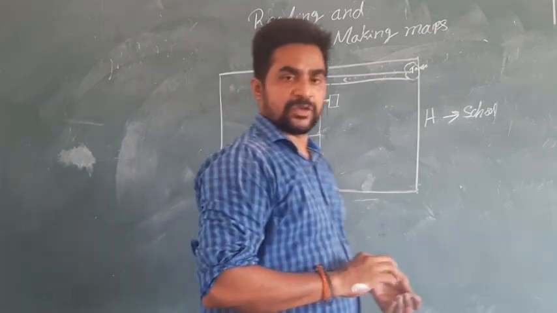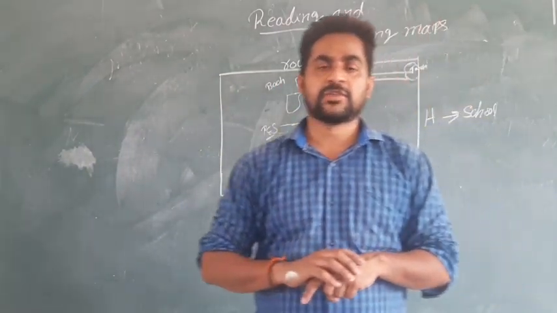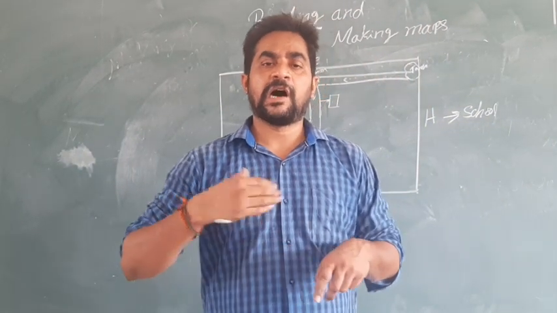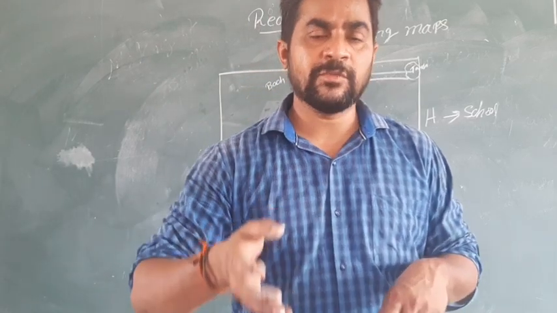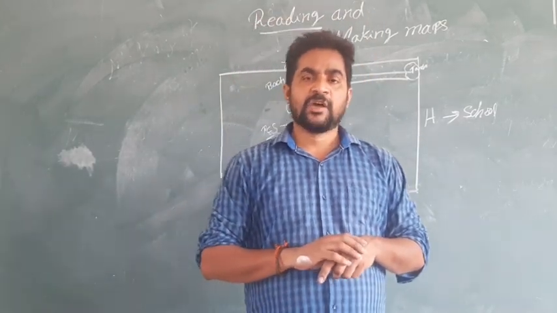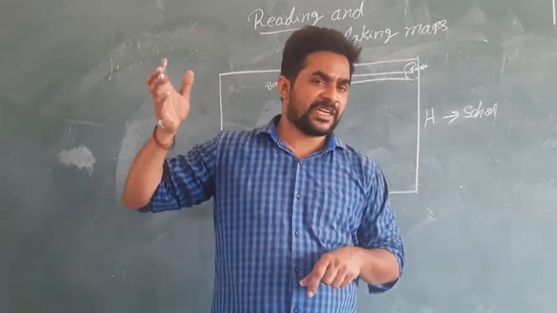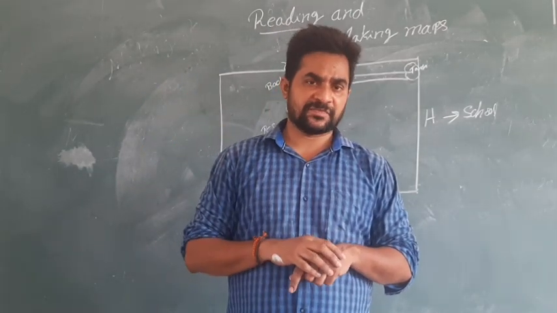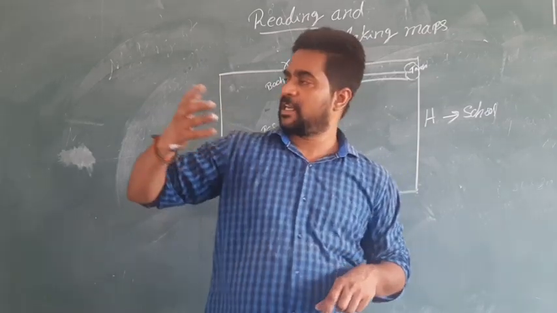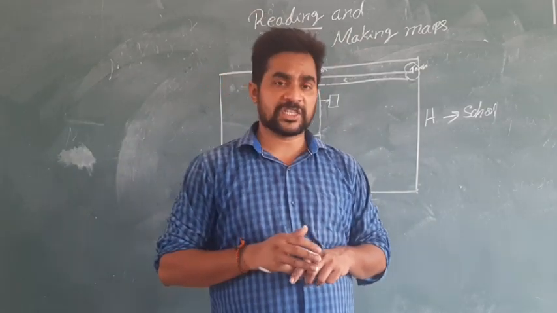So my dear students, everyone should have an idea how you are traveling from one place to another place. Whenever you are traveling from one place to another place, there are a lot of directions. For example, you are coming from Madura Nagar statue.